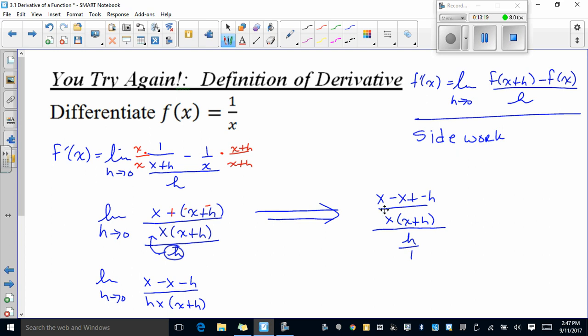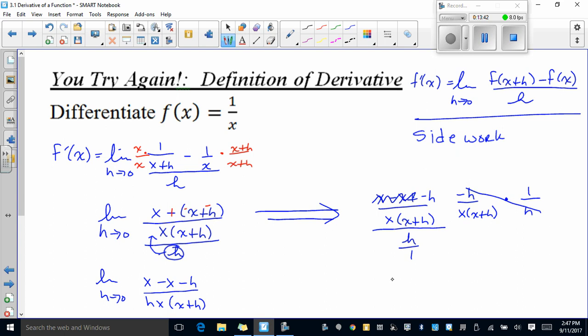We all know how to divide fractions. You take the first one, and then you multiply by the reciprocal of the second one, 1 over h. And this is where we get to cancel out our h's, but you can see that the h ended up going into the denominator.